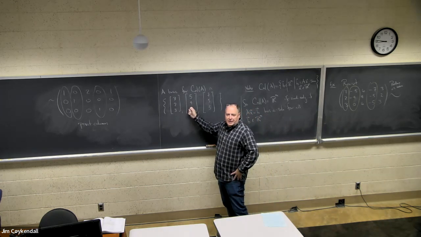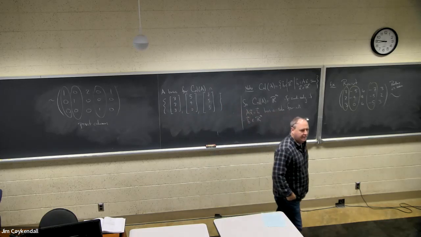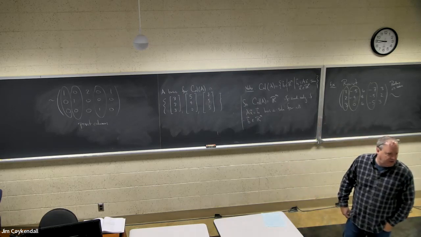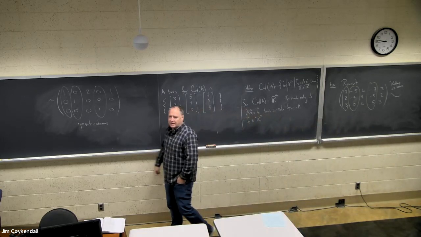This is a subspace of what? Right, the column space. I'll call it the column space. So everything going on in here, every linear combination, is inside R3, right? Can somebody tell me why this has to be all of R3?